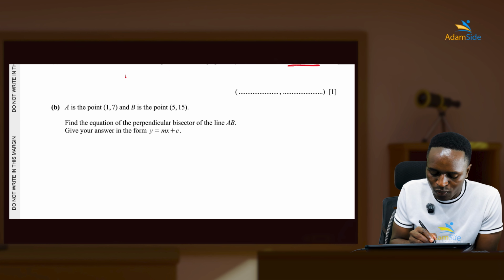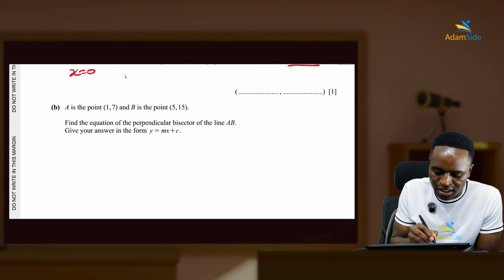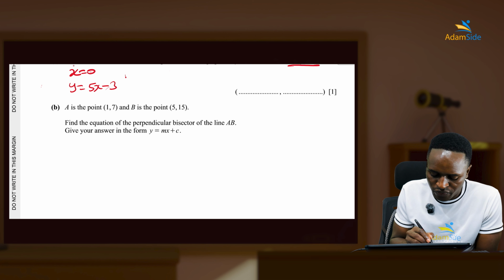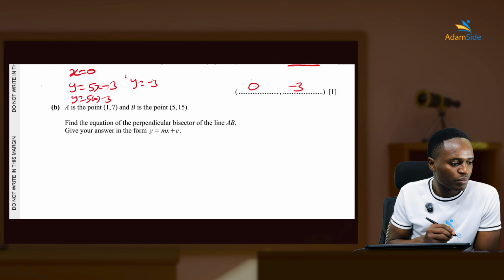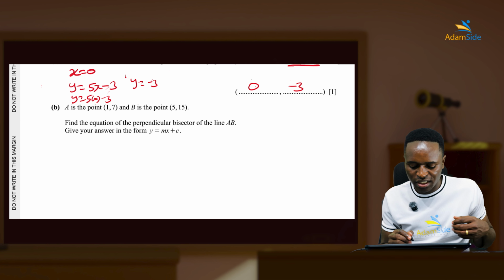It means at the y-axis, the value of x is equal to 0 because x is still at the origin. So x is equal to 0. So y is equal to 5x minus 3, so y is equal to 5 times 0 minus 3. So y is equal to minus 3. So x is 0, y is negative 3. Yeah, the coordinate is (0, negative 3).